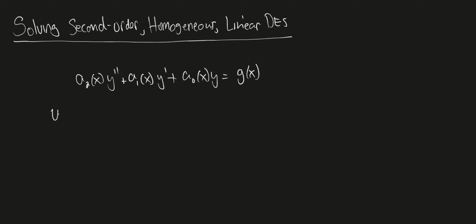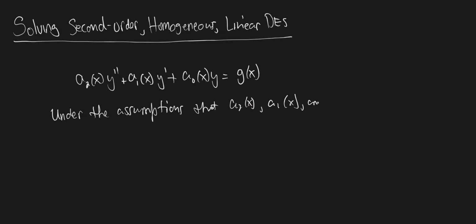So under the assumptions that a2 of x, a1 of x, and a0 of x are just constants, right?